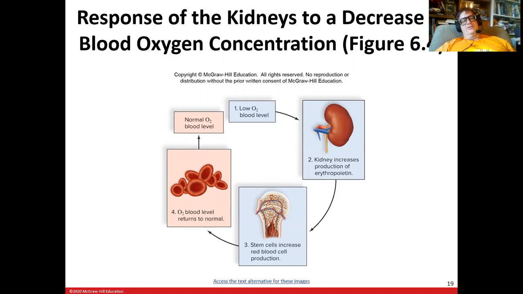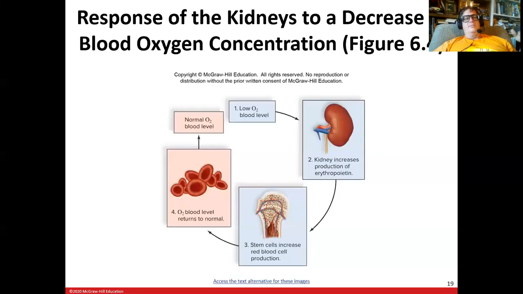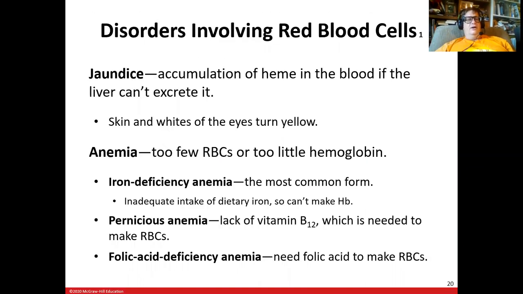So the oxygen level is solid and it makes the kidney happy. That is what we call a negative feedback loop. Most of the feedback loops in the human body are negative. What that means is, here's a situation, let's do the opposite and cut down on the bad symptoms. So negative. All right.